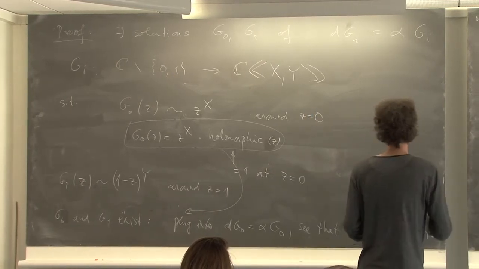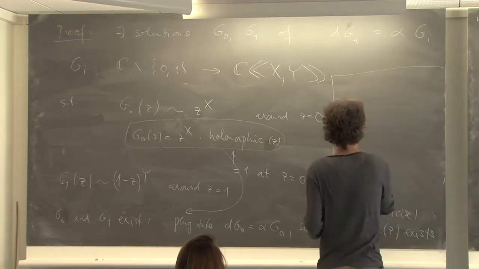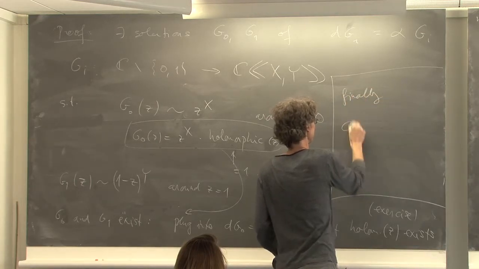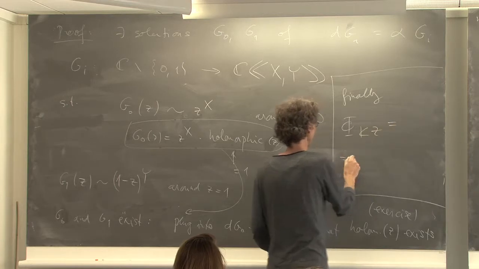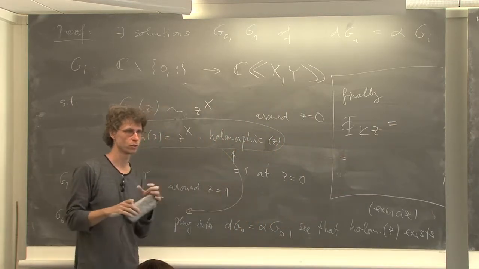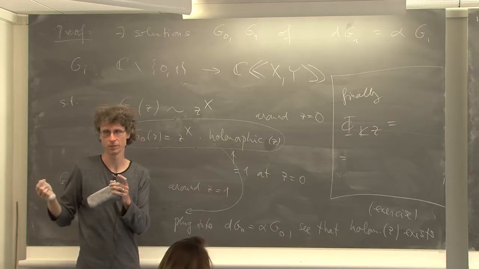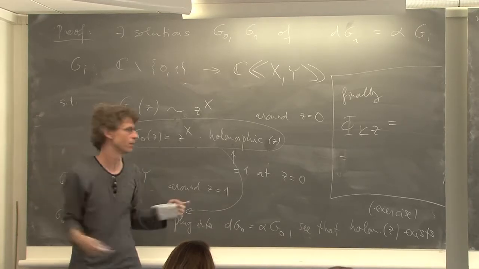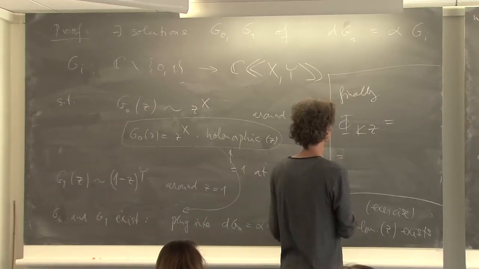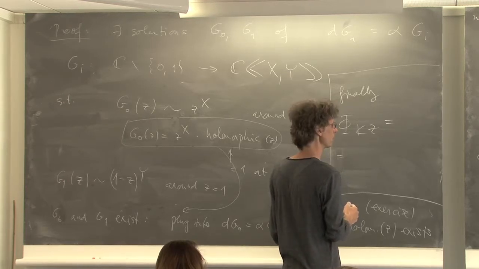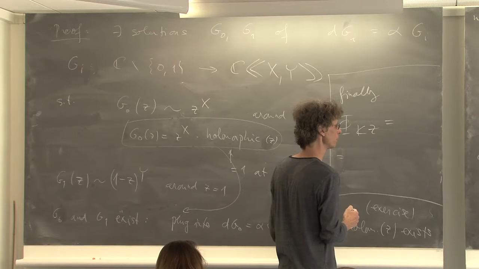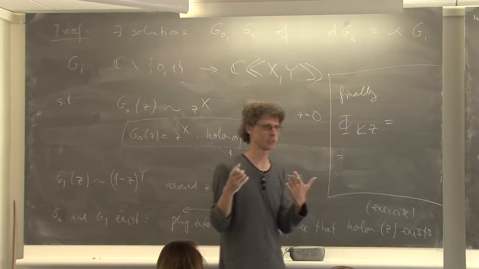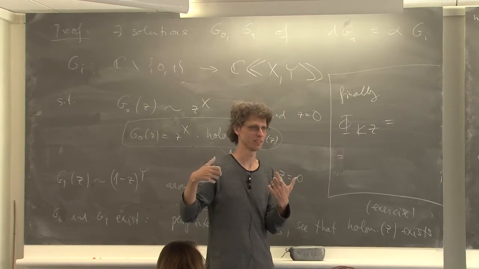Yeah, and I should now really stop. So finally, this phi KZ is equal to, we have 2 solutions, so they should differ just by a constant. One of them should be just the other one multiplied by something on the right. Can somebody help me, how I should write it? This should be like G0 times G1 inverse, but in some particular order.